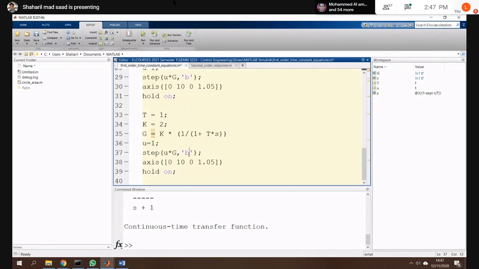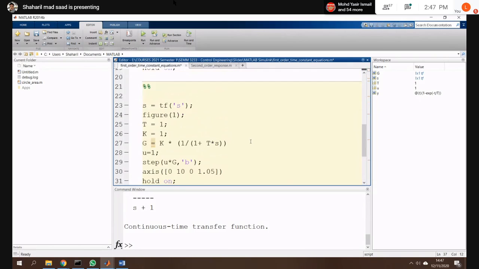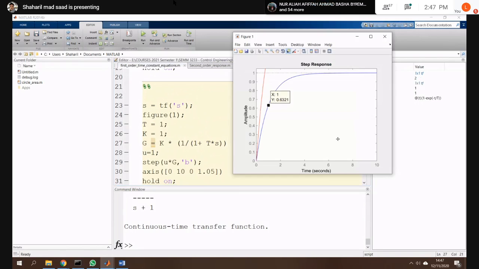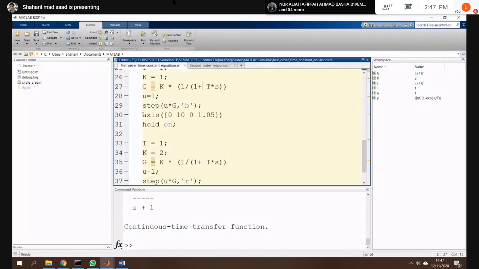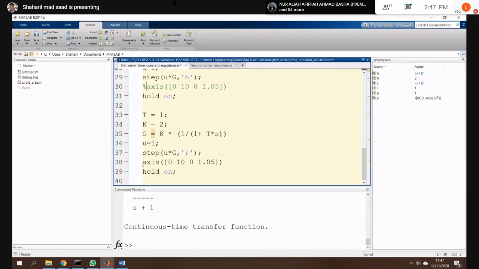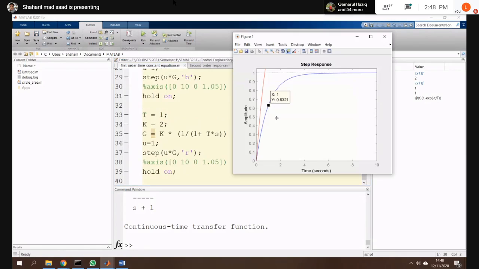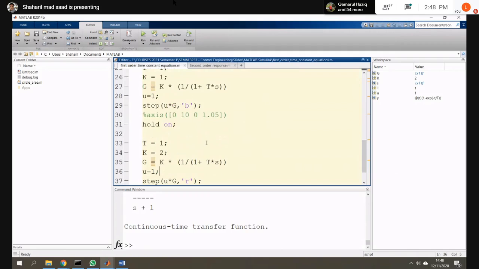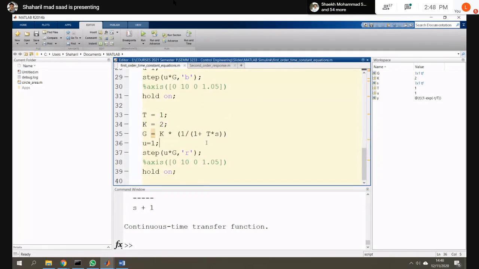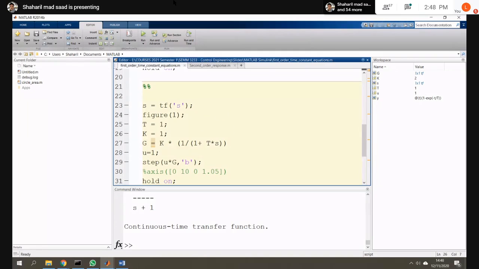Try. It's been a long time since I used MATLAB. So this one needs to be made auto. I forgot how to do that. Okay, k equal to 2. And hold on. Done.